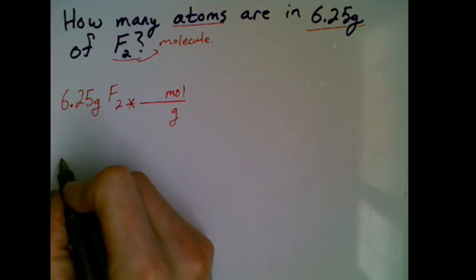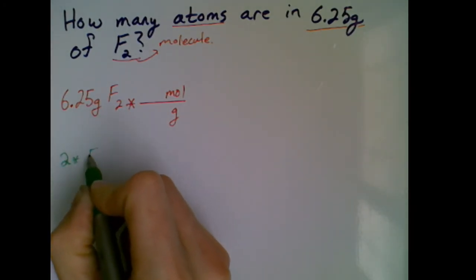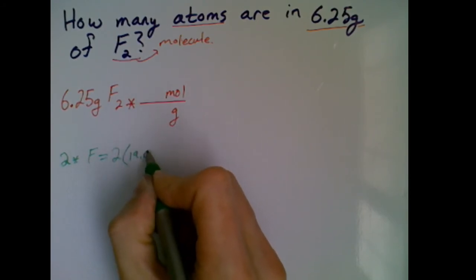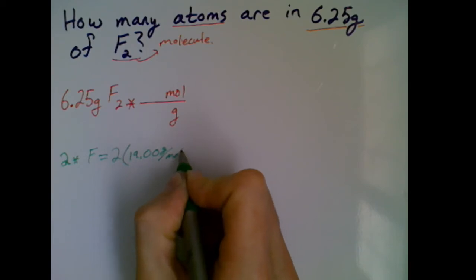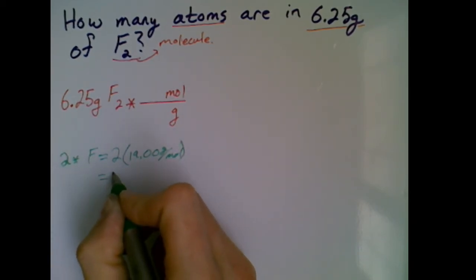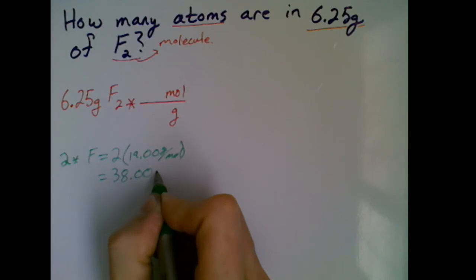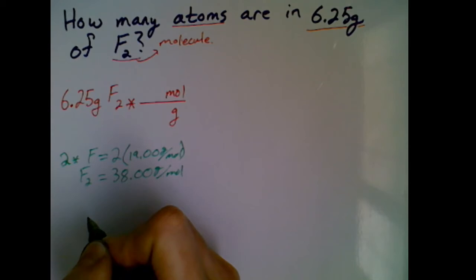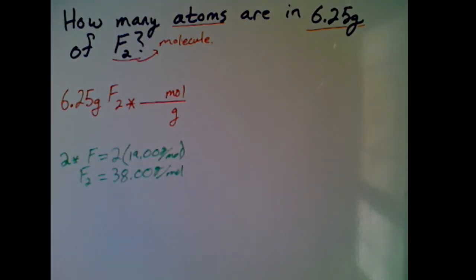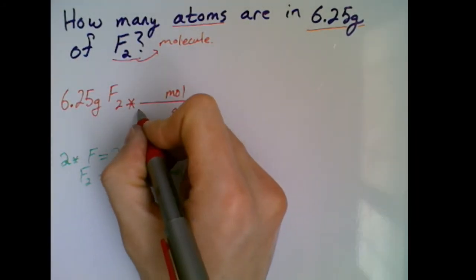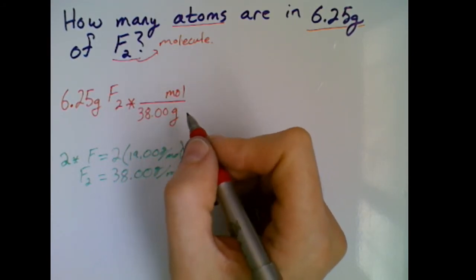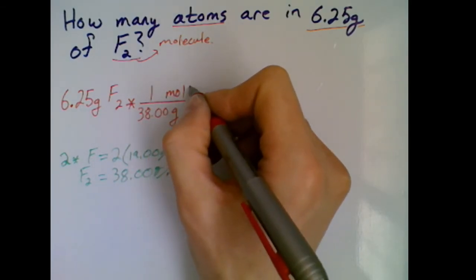So F2 is 2 fluorine atoms, and fluorine has a molar mass of 19.00 grams per mole, which means 38.00 grams per mole if we're dealing with F2. So that's going to be my molar mass, which is my first ratio that I need to use. 38.00 grams per 1 mole of F2.